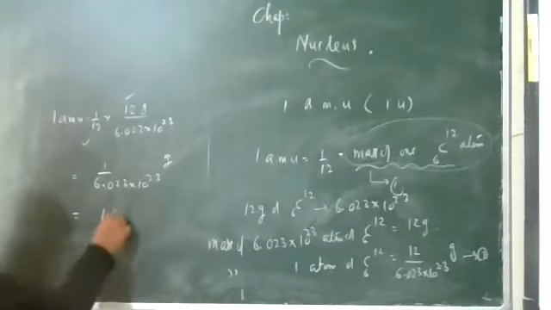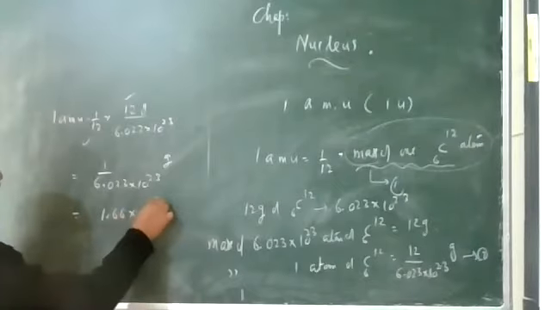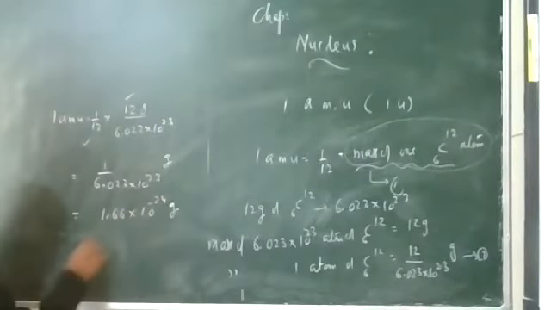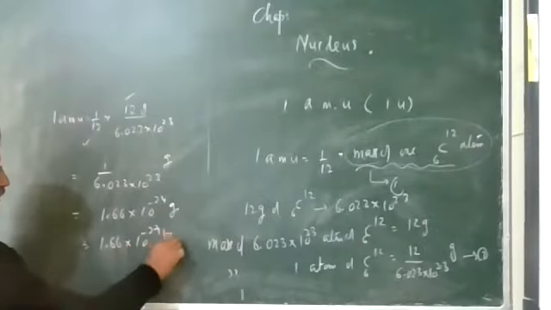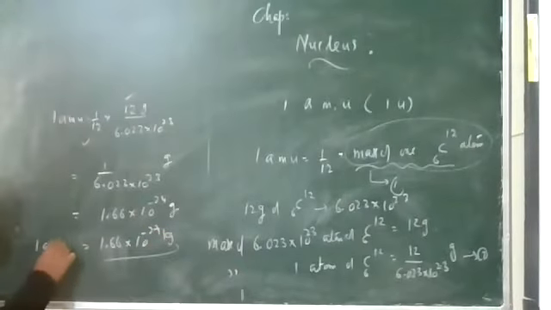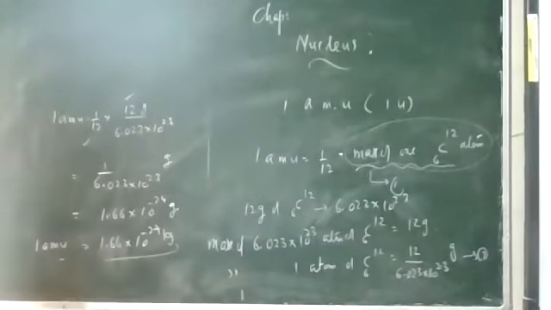So the value we get is 1.66 times 10 to the power minus 24 grams. Converting into kilogram, 1.66 times 10 to the power minus 27. So this is the relation between atomic mass unit and kilogram.